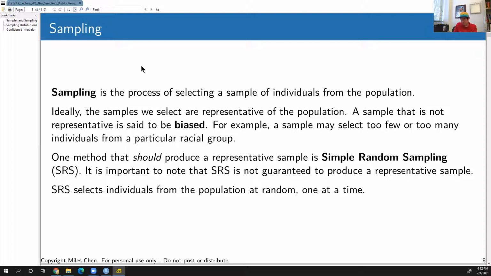That's maybe not a good assumption. In reality, it's difficult to pull off a good simple random sample, but we're just going to assume that this is what's working for us.